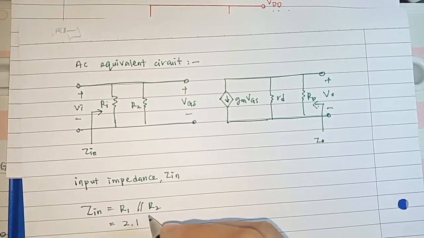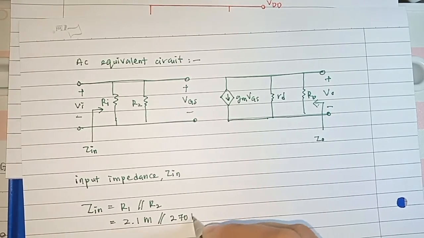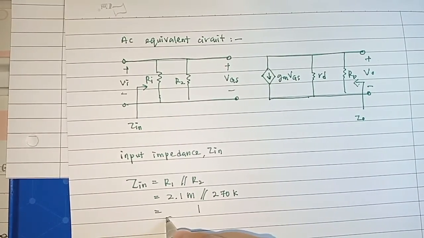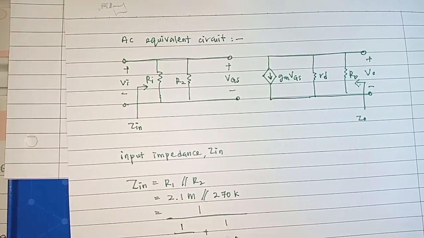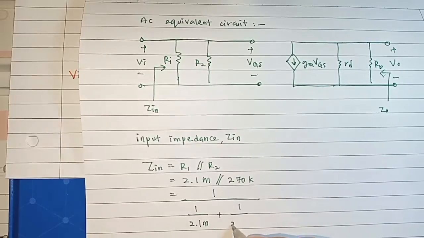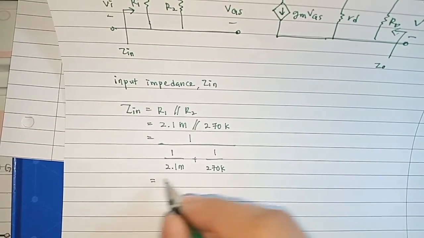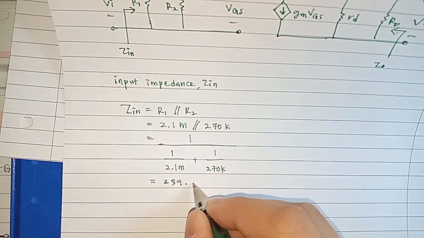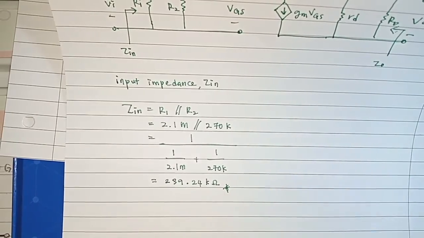So 2.1 mega parallel to 270k, which is 1 over 2.1 mega plus 1 over 270k. Here we will get the answer as 239.24 kilo ohm.